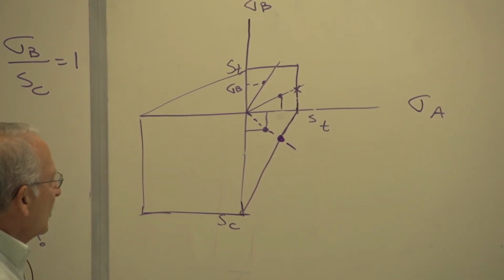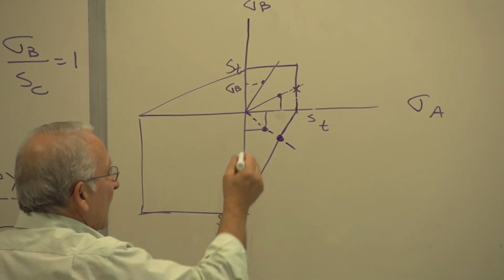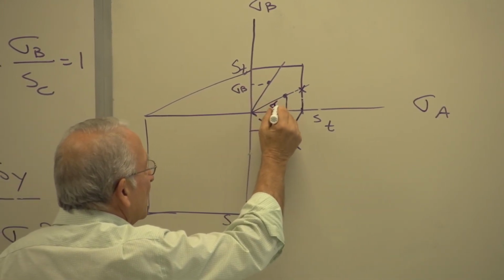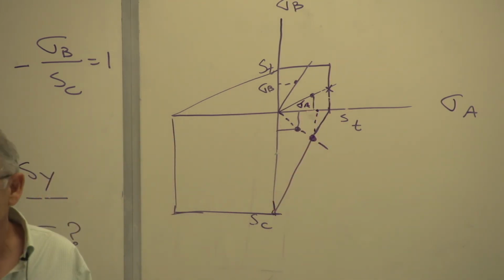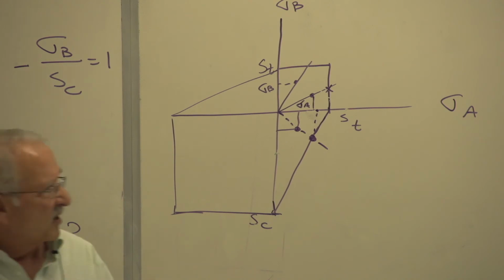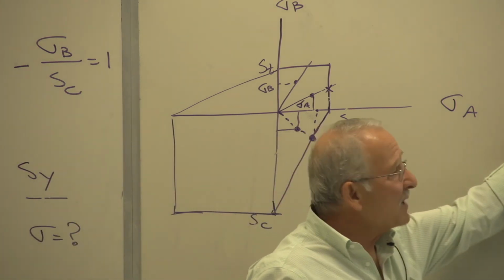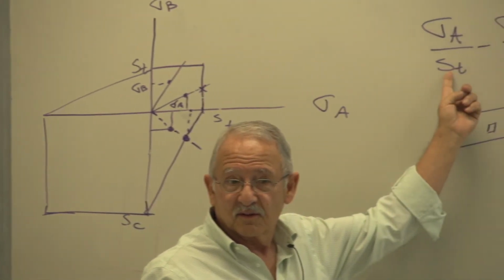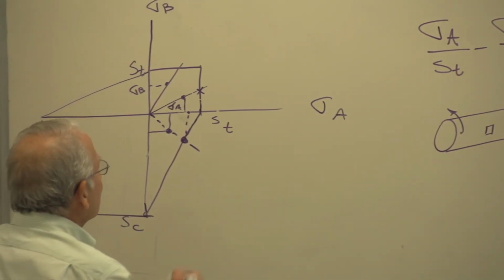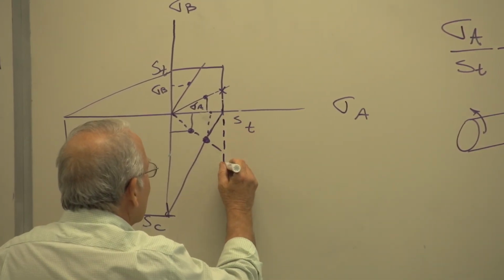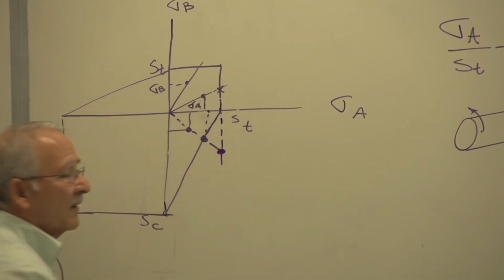So this says, as soon as this sigma A reaches this value, failure occurs, right? But that's not what it should say. It should say when it reaches that value, tensile strength of the material. In other words, here.